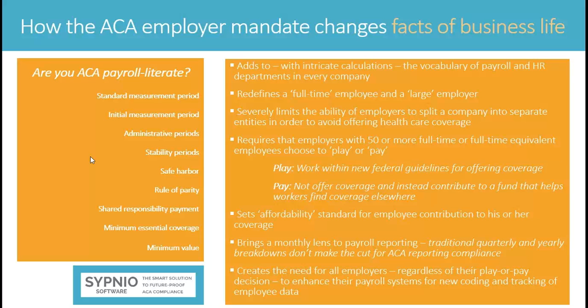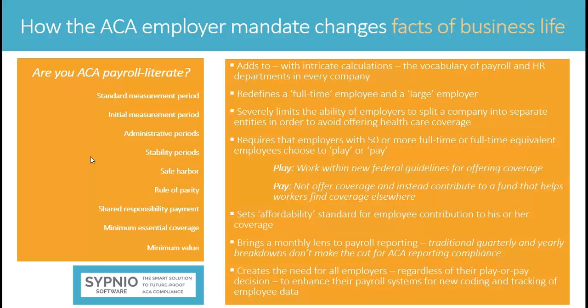It not only defines the health care coverage, it also establishes, for the first time, affordability. In other words, how much an employee should be expected to contribute to their self-only coverage. So it's interesting legislation in that sense.